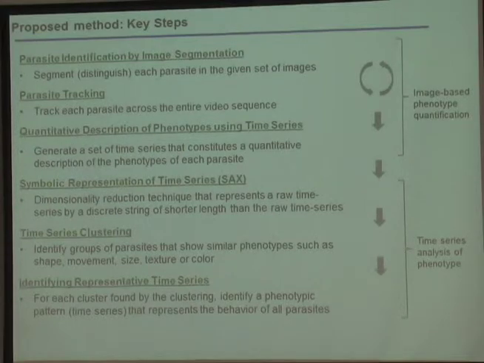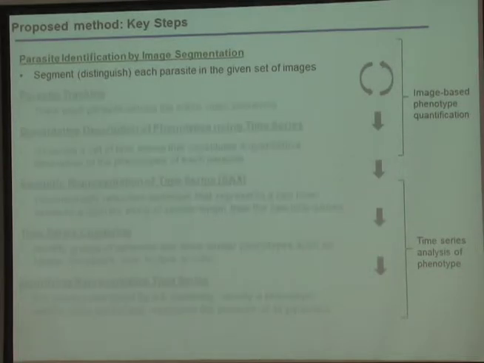As we track the parasite, we would like to continuously monitor and make quantitative measurements of its size, its color, how it moves, and so on. Then we get into a bunch of algorithmic issues, where we will see, if time permits, how these quantitative measurements can be algorithmically analyzed, and what sort of inferences we can draw from them. So let's start with the first problem, which is the segmentation of the parasites.